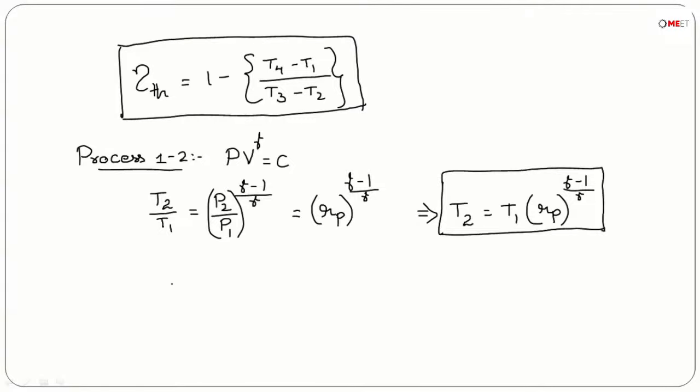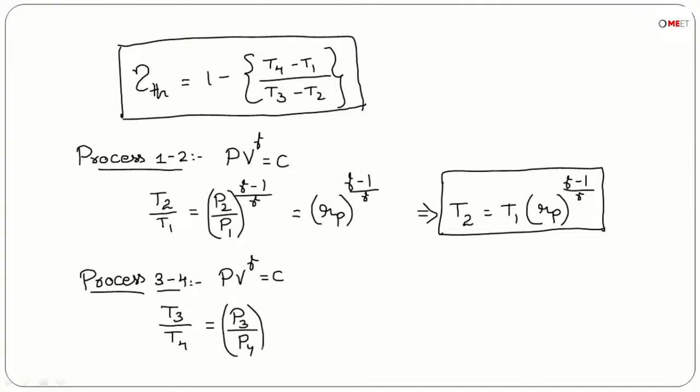So this is the T2 value. Now let us go for process 3 to 4. Process 3 to 4 is isentropic expansion, so this also obeys PV^gamma equal to constant. So from this we can write T3 by T4 is equal to (P3 by P4) to the power (gamma minus 1) by gamma.